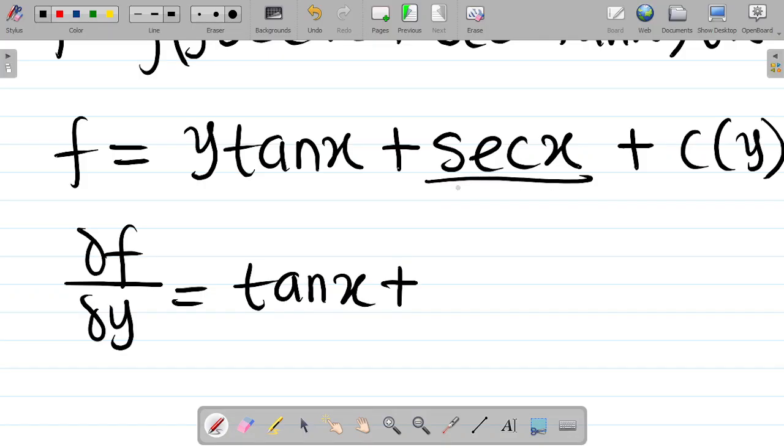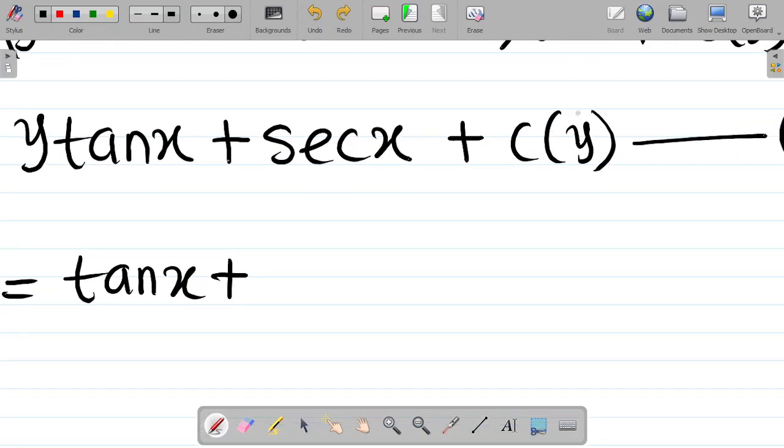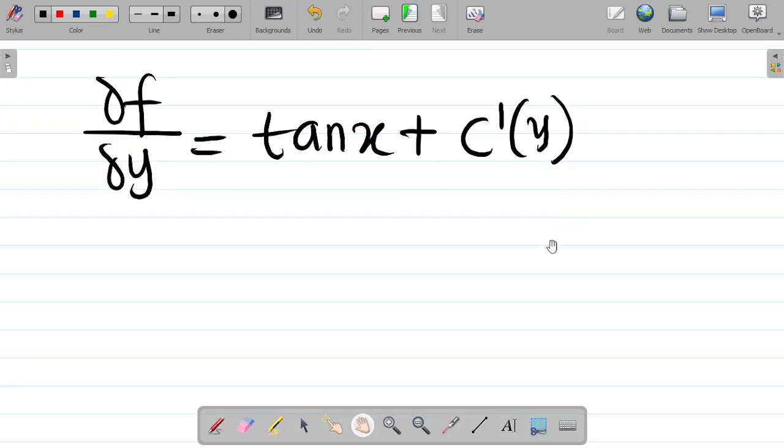So if I differentiate sec x, it gives you 0 because the term is considered a constant. There's no y term there, and I'm differentiating with respect to y, so it's considered a constant. Next term, if I differentiate c of y, what I'll have there is c prime of y. So you have this. All right, so this is your next step.